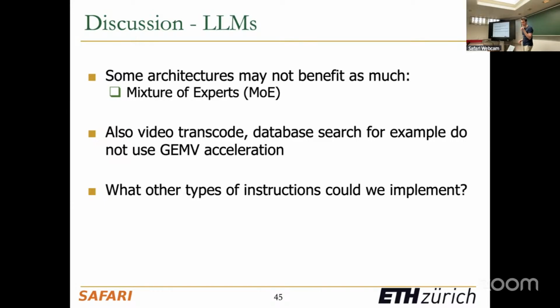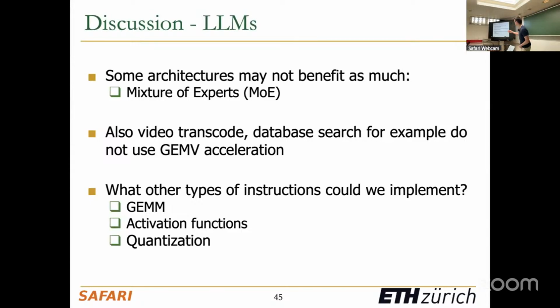If no one has any idea, I can present my own. First of all, there would be some kind of general matrix multiplication that we could think about implementing. Then the activation functions would be a bit more complicated to implement directly on the device. And also quantization: some workloads require on-the-fly quantization, and if we do not have to move the weights to quantize them, it may also be beneficial.